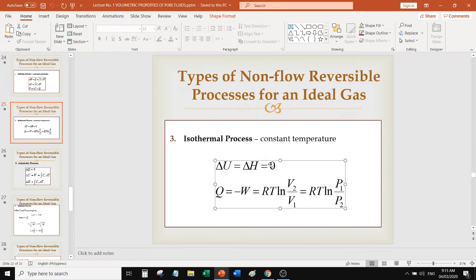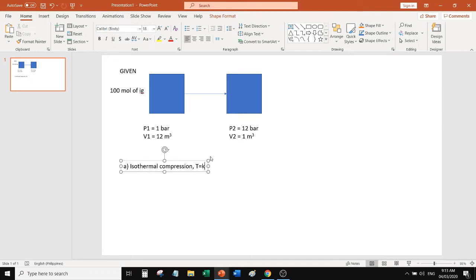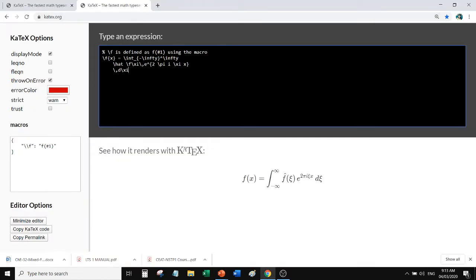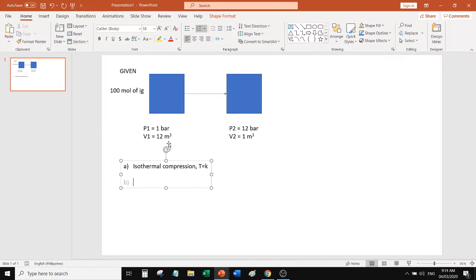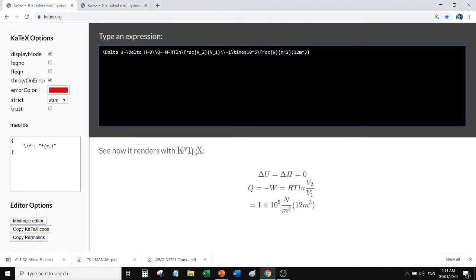Therefore, we can use this equation for Q and W. For this one, delta U and delta H are 0, and then we make use of the equation to solve for Q and W.